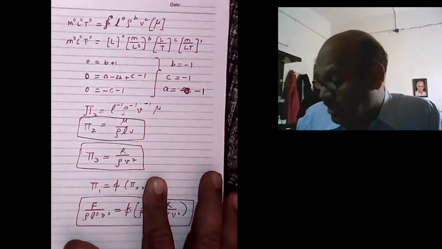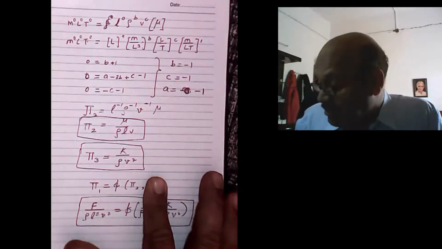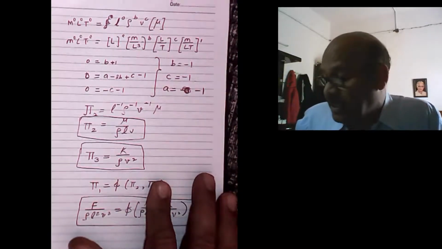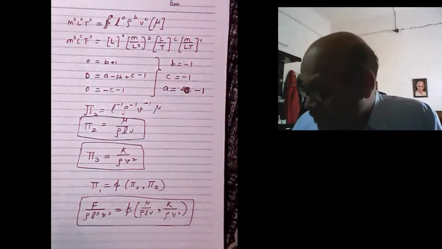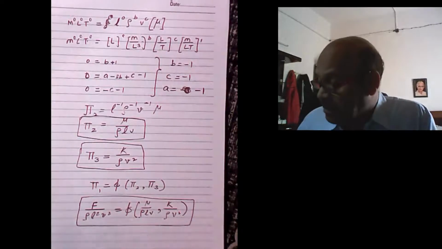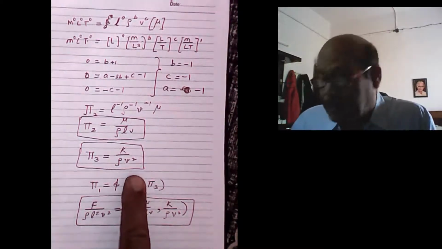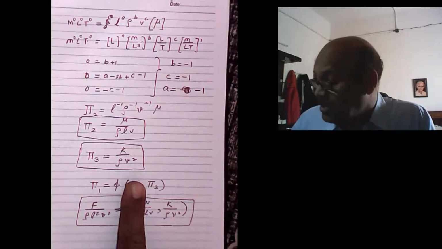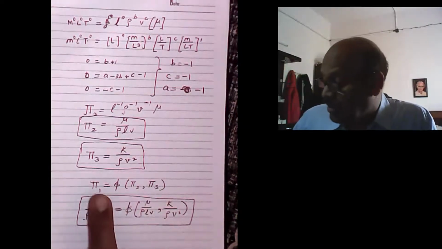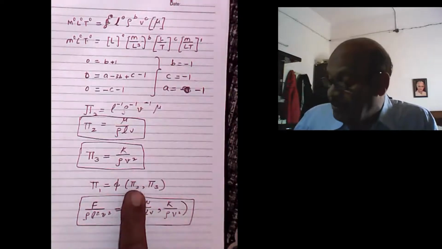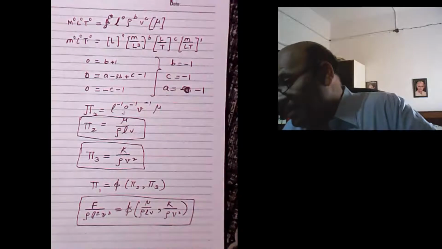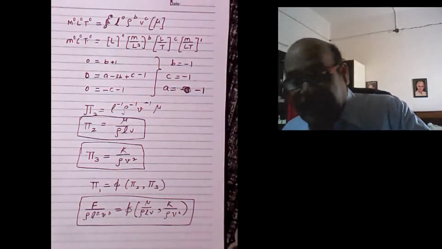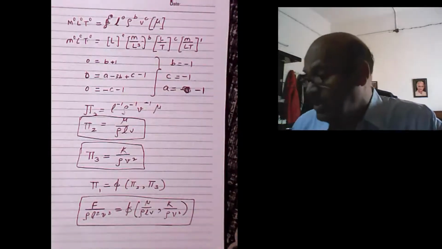You get one curve for one value of pi 3, another curve for a second value of pi 3, another curve for a third value, and so on. Similarly, while studying the variation between pi 1 and pi 3, you will keep pi 2 constant. Okay, so you will get one curve for pi 1 versus pi 3 for some value of pi 2 equal to constant. Another curve between pi 1 and pi 3 for another value of pi 2, and so on.